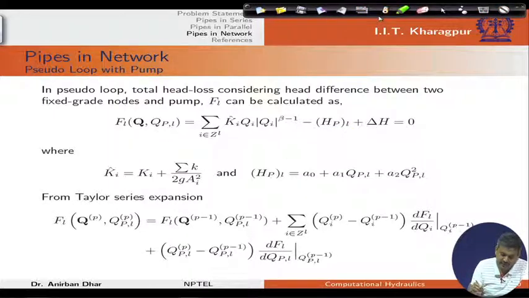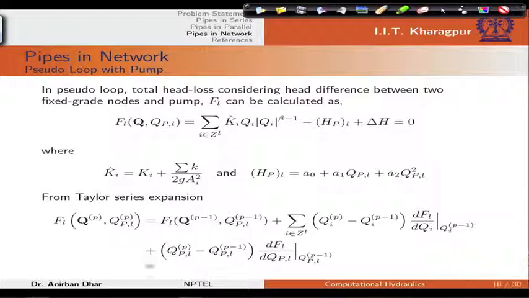So, again if we expand it using Taylor series, we can see that in this case we have one extra variable. If we have n number of pipes in a network, so for one pump we need to add 1. So, n plus 1 number of variables will be there in this case.